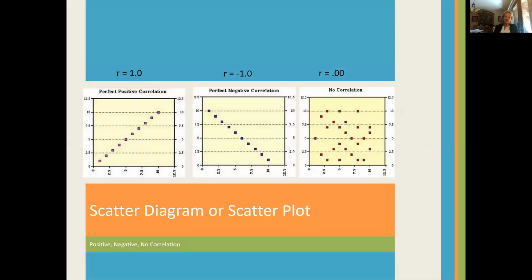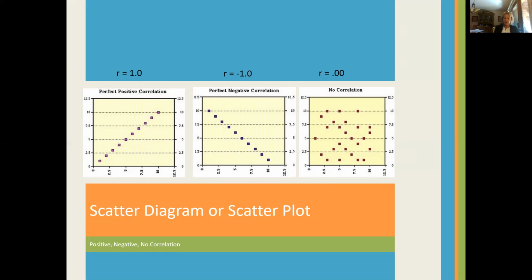So here are some scatter plots that help us look at relationships between two variables. In the first graph on the left, there's a perfect positive correlation. As we go up 1 unit on the x-axis, we go up 1 unit on the y-axis, and it's a direct perfect correlation.